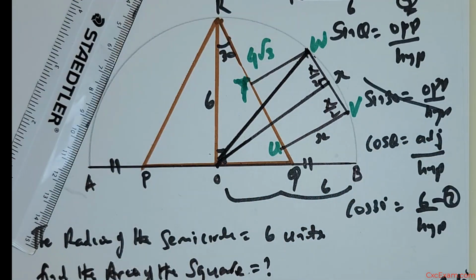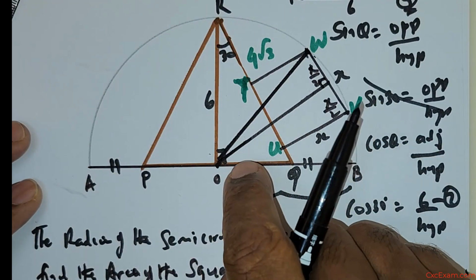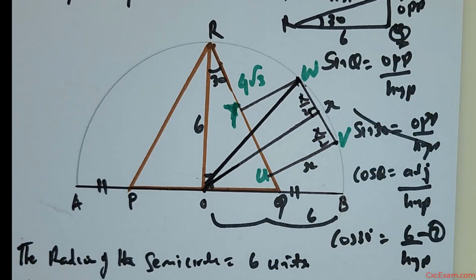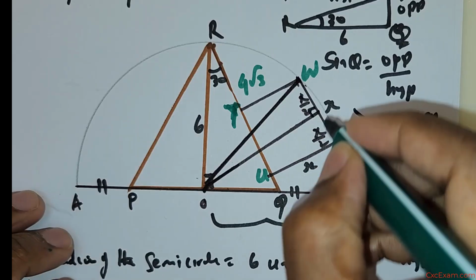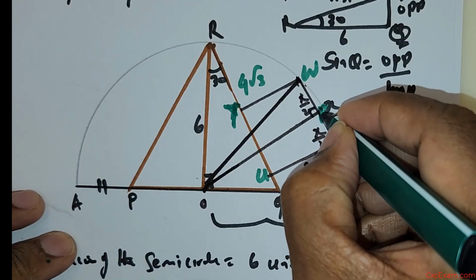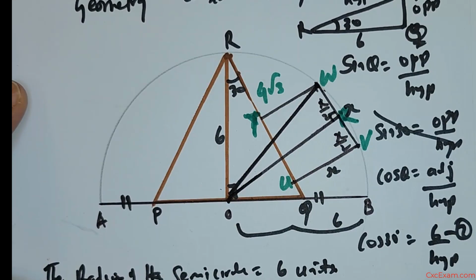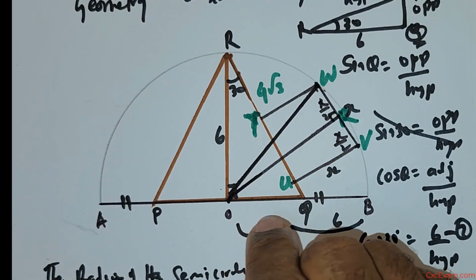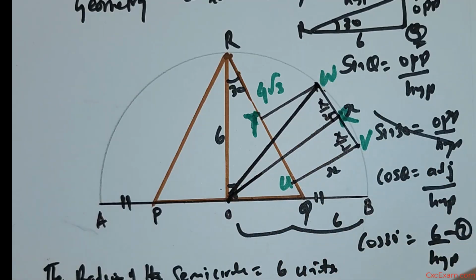So this triangle is completed, and I'm going to take this particular point as R. So we will consider ORW, right?